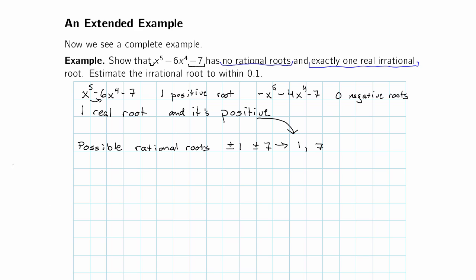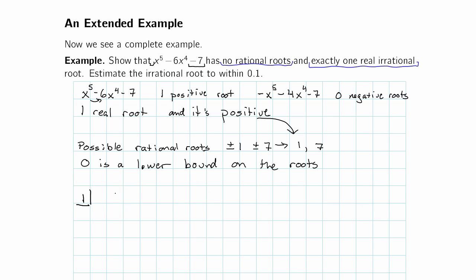Since we know we have no negative roots, 0 acts as a lower bound. Okay, let's see if either of these possible rational roots work. The problem told us they wouldn't, but we need to confirm that. So we'll try 1 first.